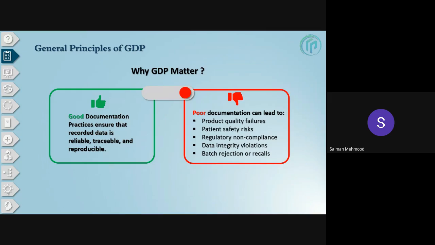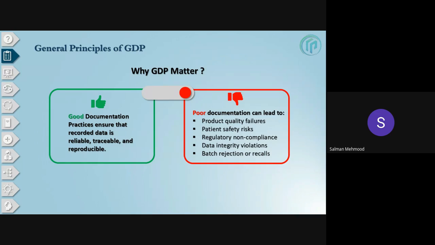Pharmaceutical quality depends on controlled processes, and documentation is how we prove those controls existed. So a real scenario is, for example, mixing time recorded incorrectly, temperature deviation not documented, IPC records not completed, or incomplete.